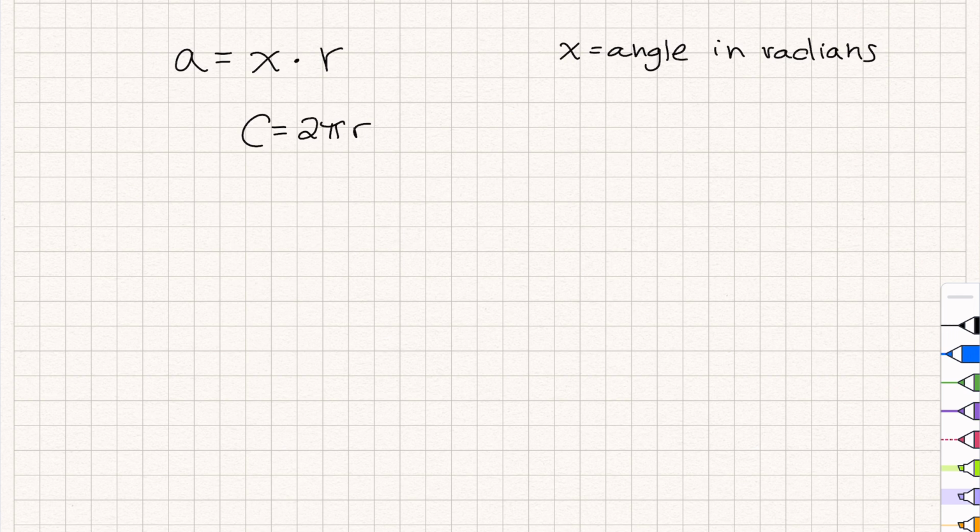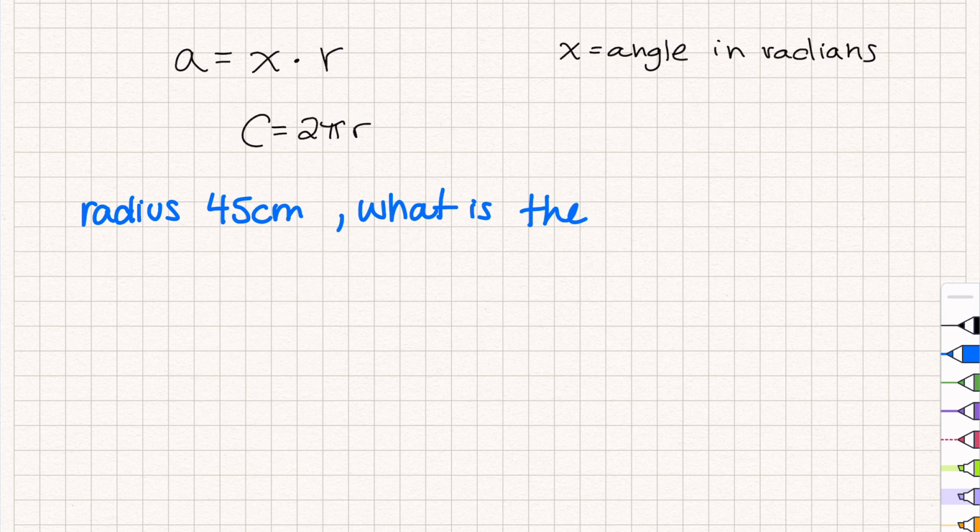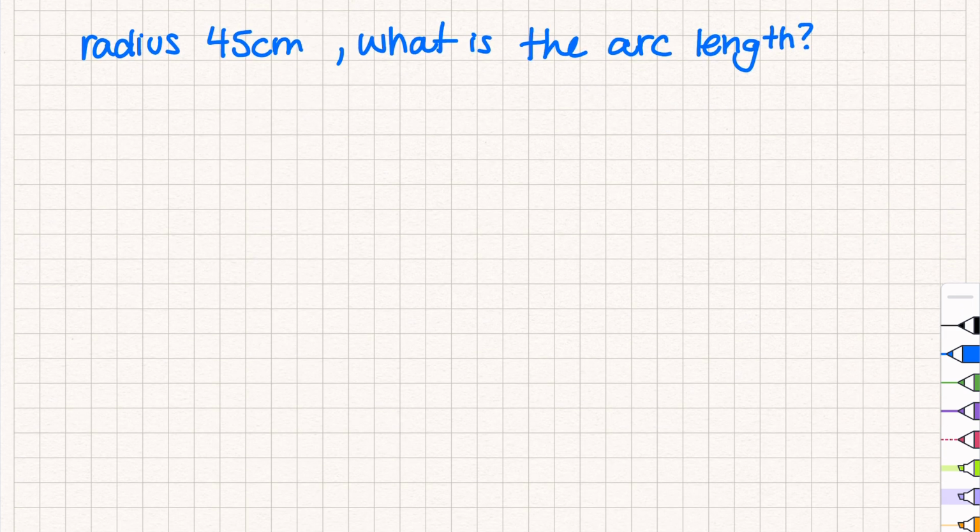This comes from circumference being equal to 2 pi r. So if we have a circle and the radius is 45 centimeters, what is the arc length? How would we determine the arc length? For this first one, our angle is 125 degrees.